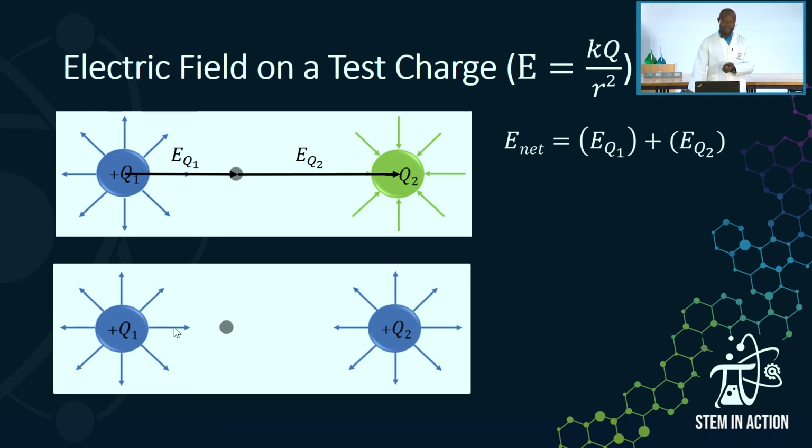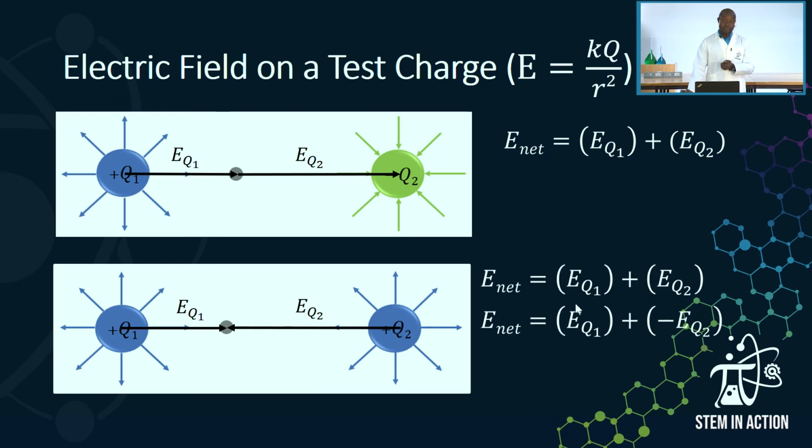Here we've got a different scenario where our charges are like charges, and what we expect is that our point here is going to experience a force to the right, because we know that positive charge emits a force away from itself, but it's also going to experience a force to the left, because we have a positive charge here, and the electric field is also moving away from it.